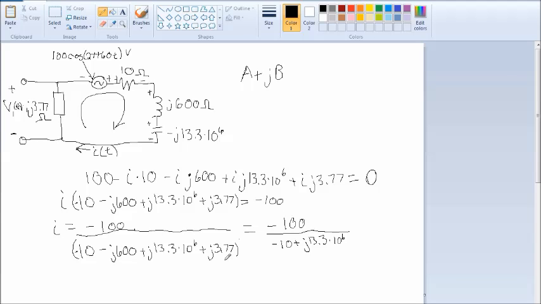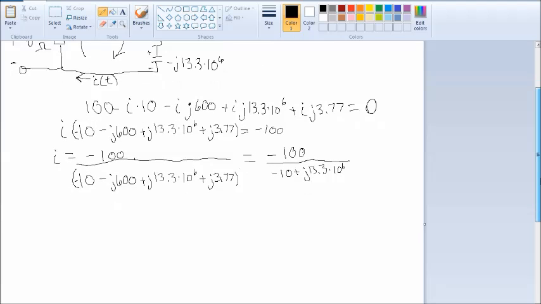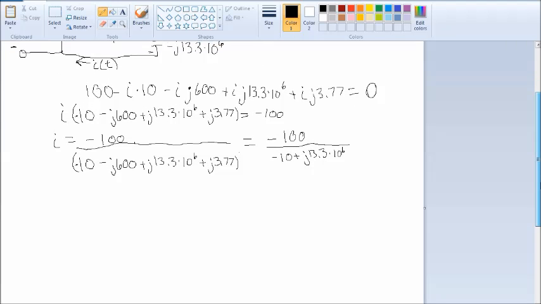Okay, so we have our value for current, but it's in rectangular coordinates still. Remember, we ultimately want to get back to a function of time.